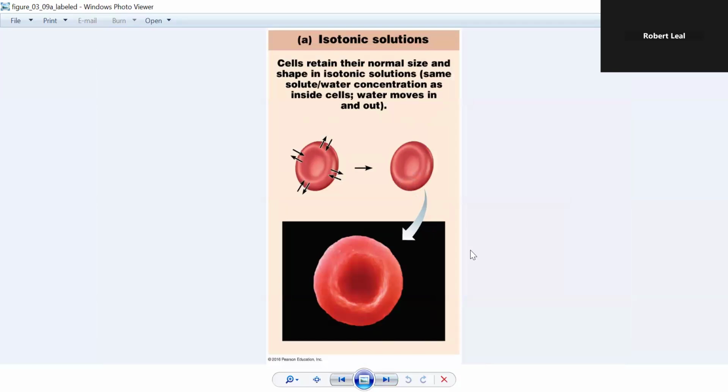So solutions where you want them to mimic what's already in the body are referred to as isotonic. Isos means the same amount of solutes in comparison to the cell. Iso means same. And then tonicity, tonic, means solutes.